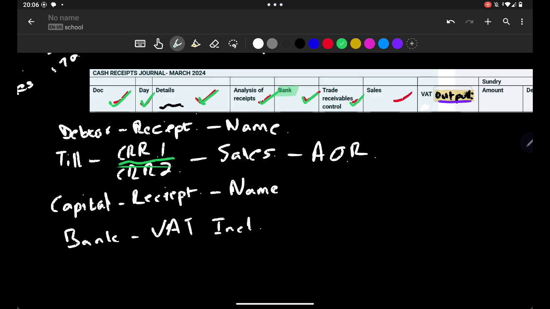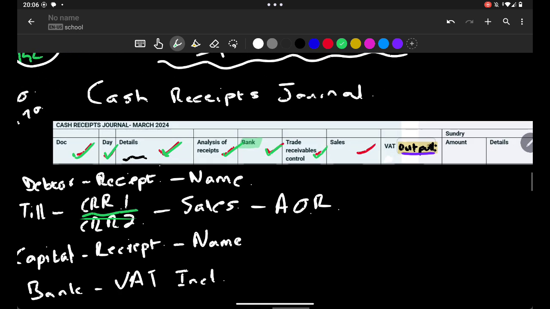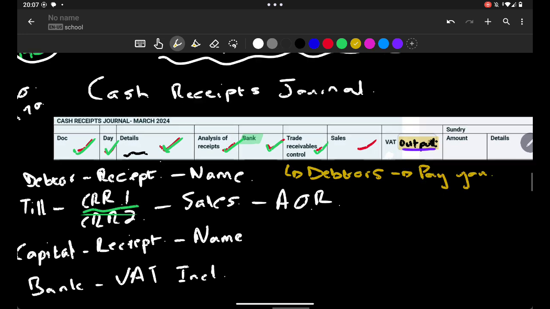These are people you have to pay, meaning that you owe them. These are your creditors, right? So trade receivables control are your debtors, and they pay you, right? Please always and forever remember these things.